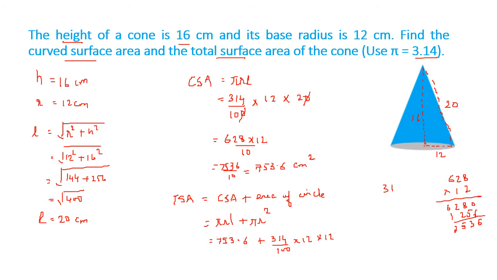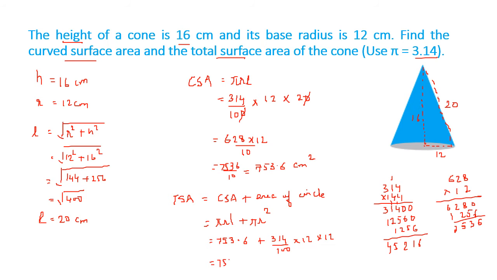So 314 into 144, we have got 45216 upon 100.